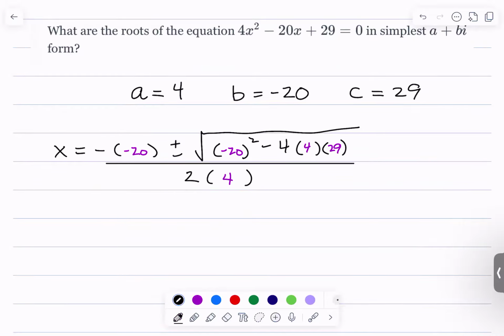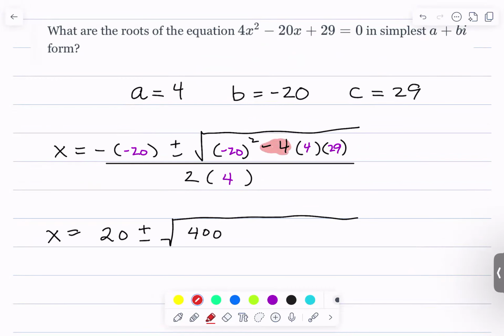So if I simplify, x equals negative times a negative is a positive. So positive 20 plus or minus square root. Negative 20 squared is 400. Negative 4 times 4, that's negative 16.